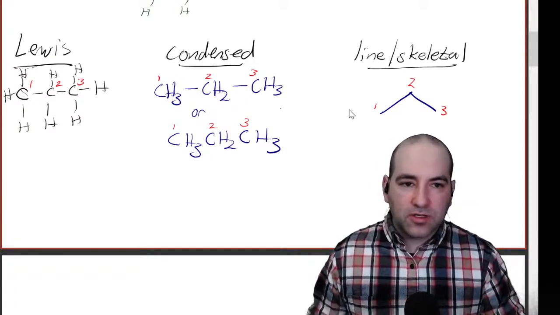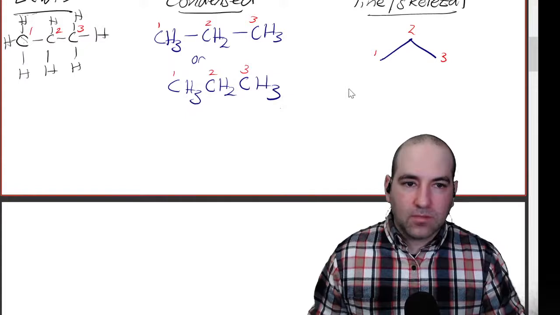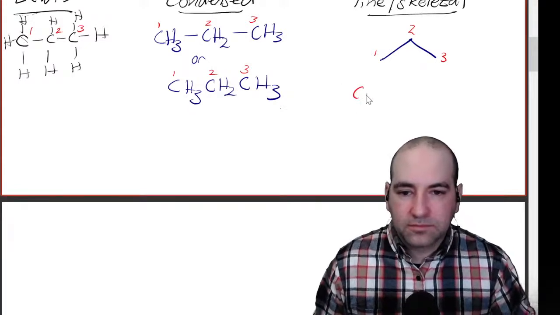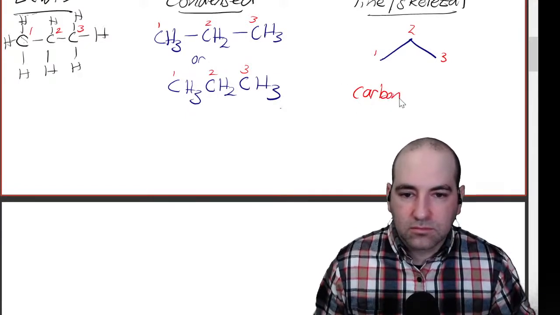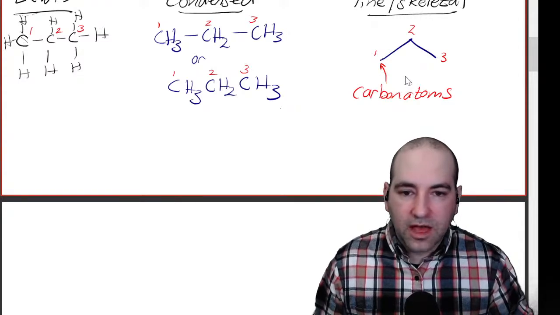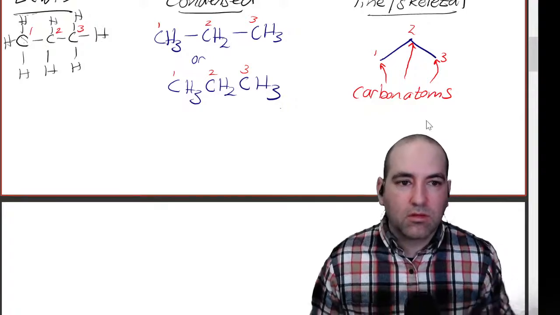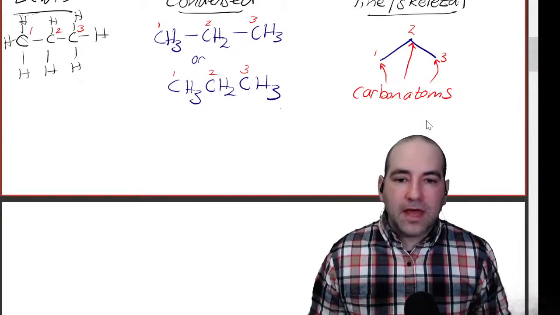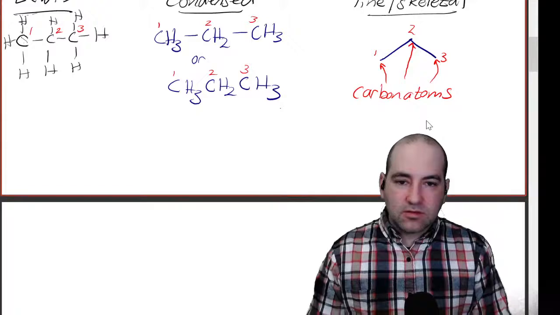And the way that the line structures work is that we have carbon atoms anytime there is an end of a line or 2 lines come together. So that's a couple of ways to express that.